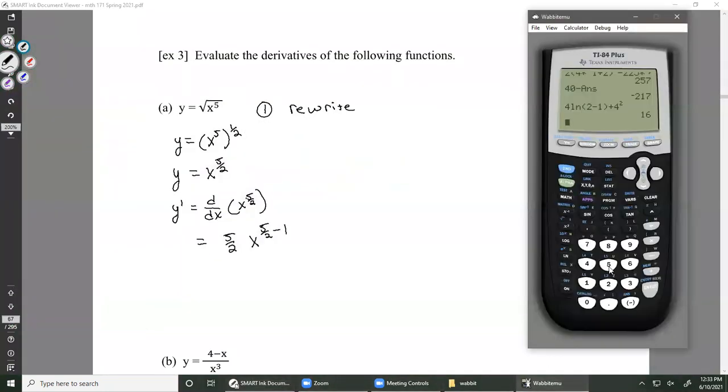So 5/2 minus 1. If you have the TI-84, feel free to stick with 1.5. But what's really nice is if you hit the math key, it's under that green alpha key, and see where it says frac, you get 3/2. So our answer is 5/2 x to the 3/2.